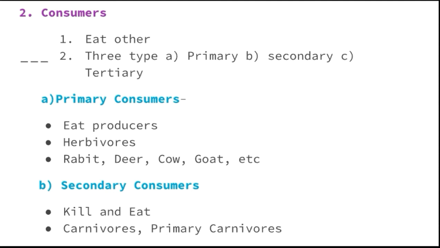They eat the producers like plants, algae, and bacteria, and primary consumers are also called herbivores. Why? Because they totally depend on plants, algae, and bacteria.